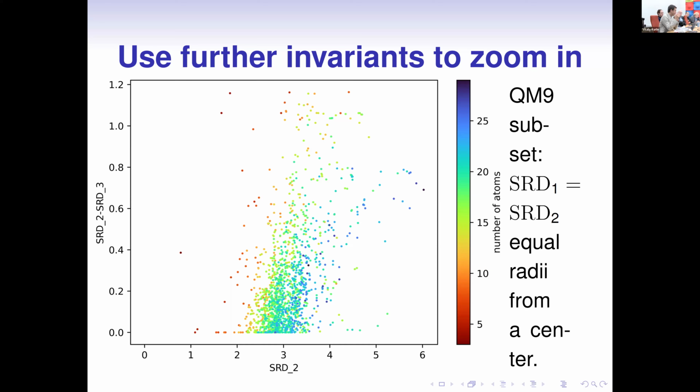And the water molecule will be in a different location because it's a different projection into different coordinates. So any guess? Where is it in this plot? As a hint, we have the color for the number of atoms.